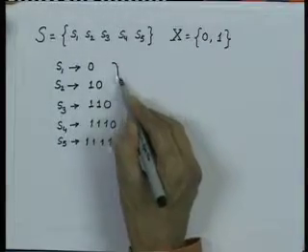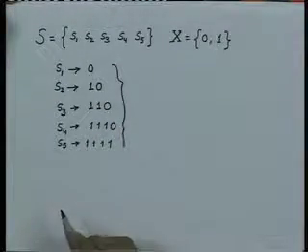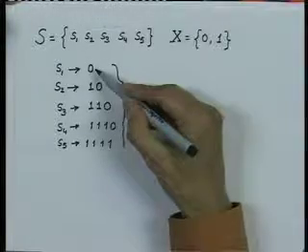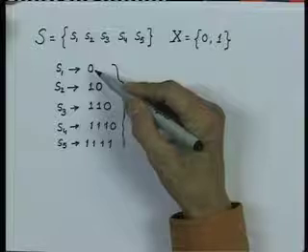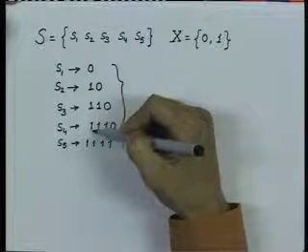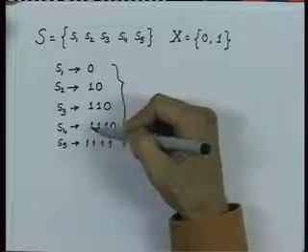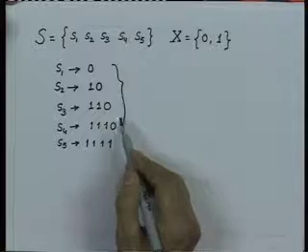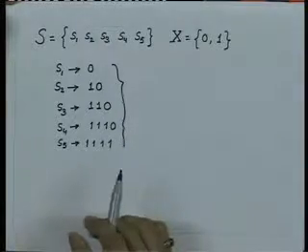Now, from this example, it is very obvious that when I start with fewer symbols initially, then for the later code words, the length of the code word increases.